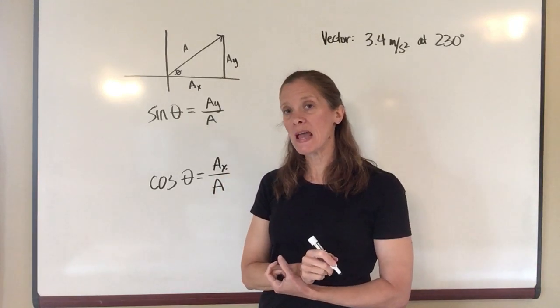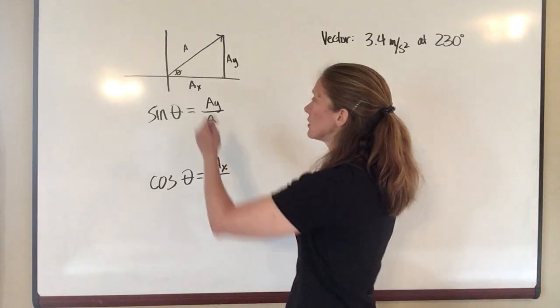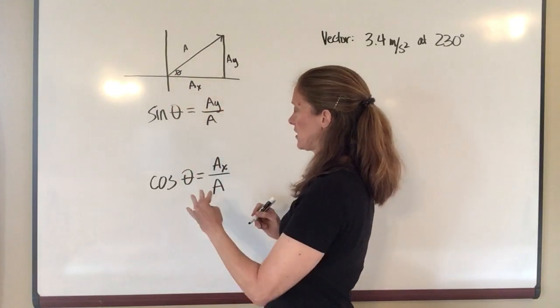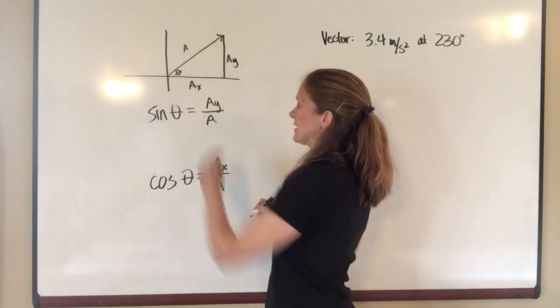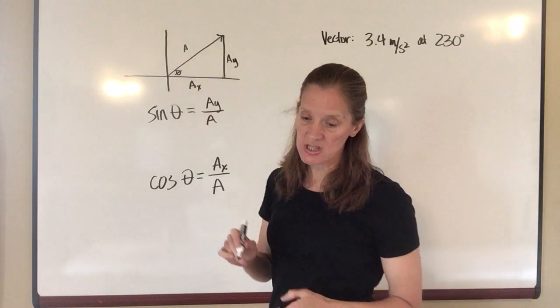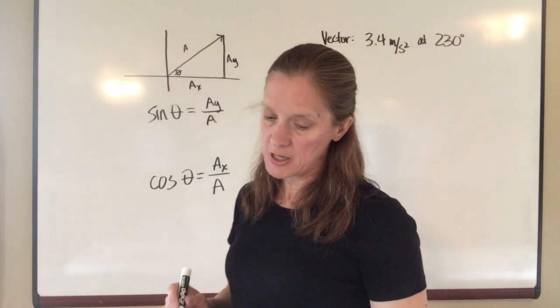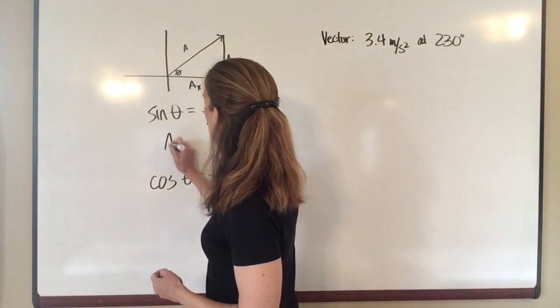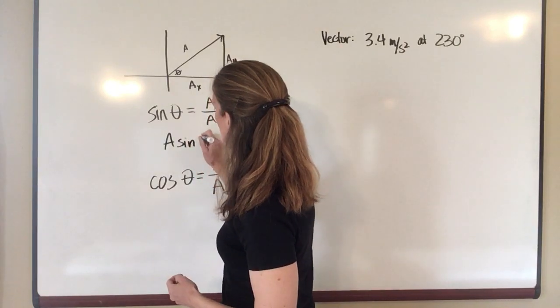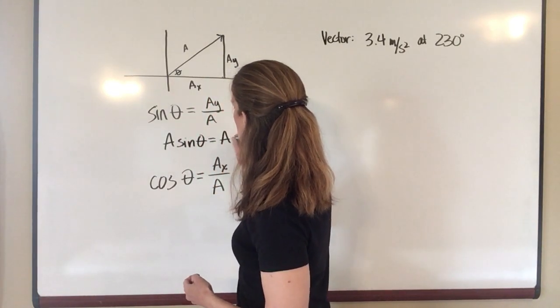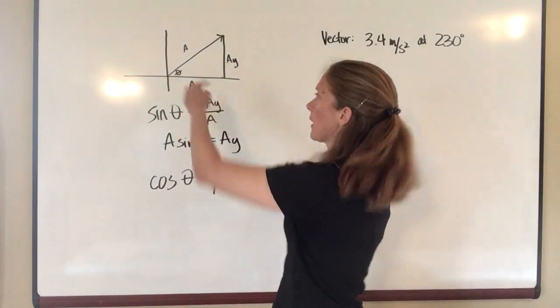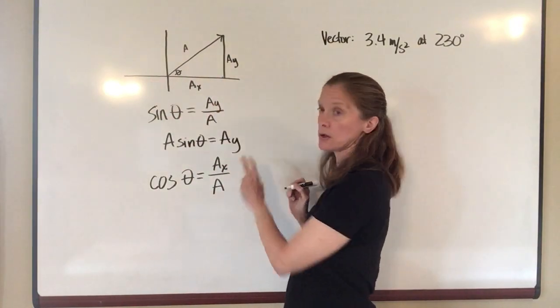Now what I want to be able to do is to calculate from this what the components are. So if I rearrange this just a little bit, A times the sine of theta is going to give me the y component, because remember, I know what A is. I'm trying to find the y component.